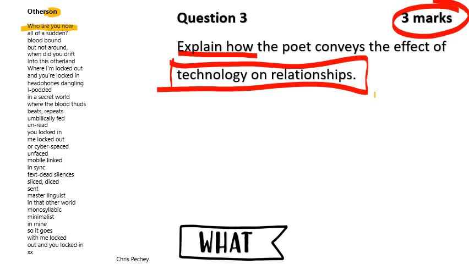And we can see that through those references, that repetition of technology, headphones, iPod, the beats referring to music, cyberspaced, mobile, sync, text, and the repetition of being locked as well can also refer to technology. So we can see that there are ideas of technology being explored here.